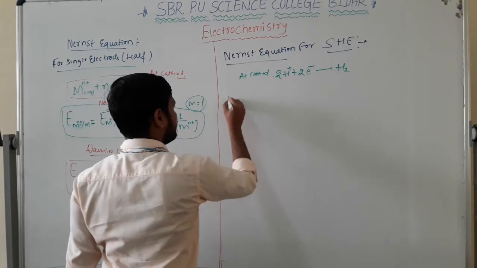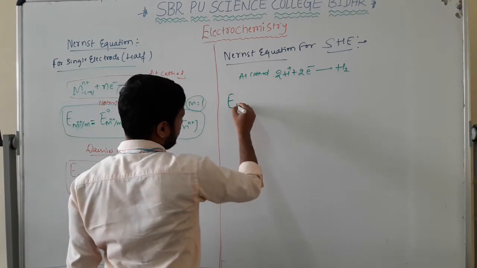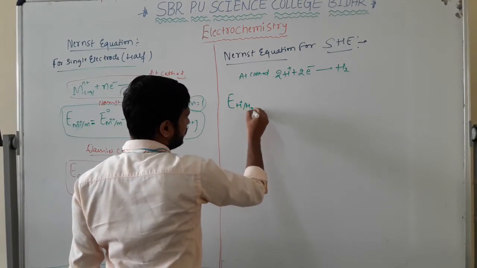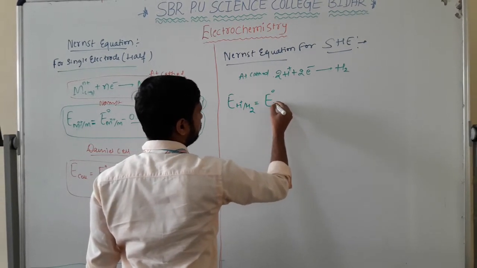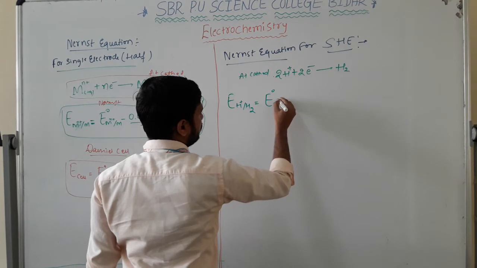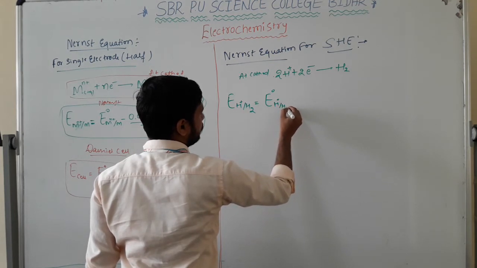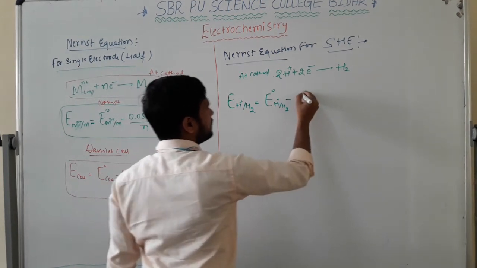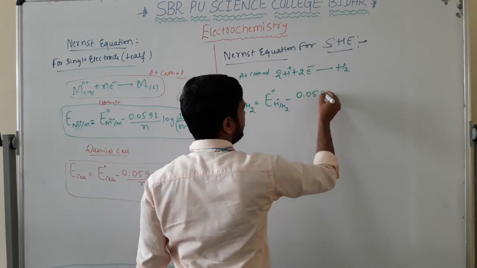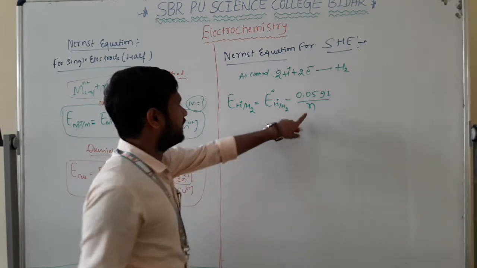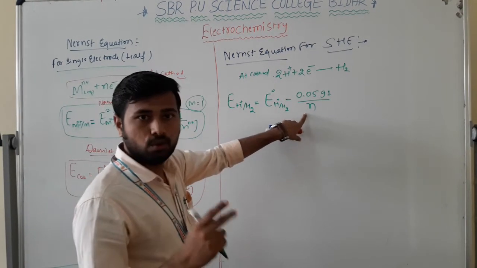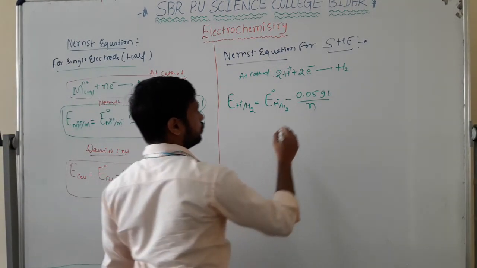Write down E of H+/H2 is equal to E naught of H+/H2 minus 0.0591 divided by n. What can I take for n? What is the n value? 2 electrons. Here it will be 2 electrons.